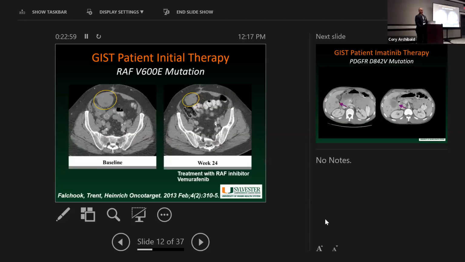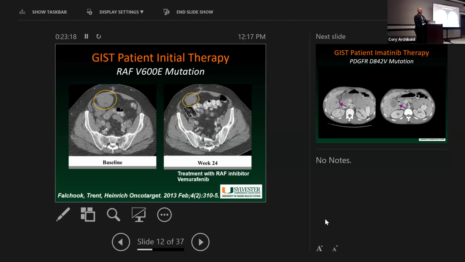Sometimes you find rare tumors, like this patient whose GIST has a mutation in a gene called RAF. RAF is another kinase similar to KIT and PDGFR, but it's in the middle of the tumor cell, so it's somewhat different.